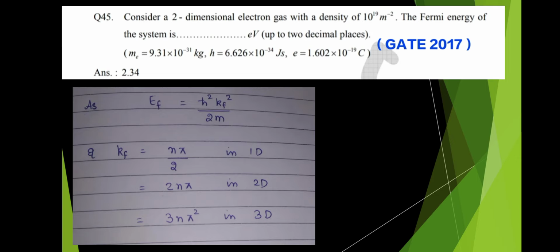It is the same as the earlier question. In the earlier question they were asking about the number density and the Fermi energy was given, and in this question they are asking the Fermi energy and the number density is given. They have also changed the dimensionality. So you just have to put the values and the answer would come out to be 2.34.